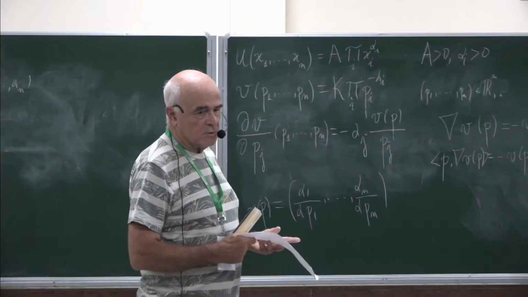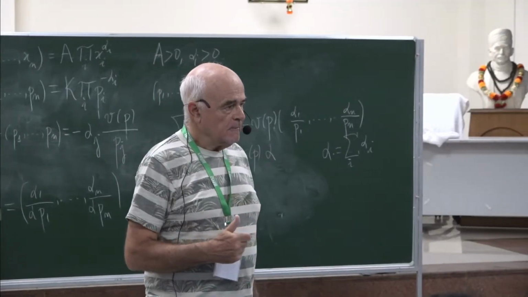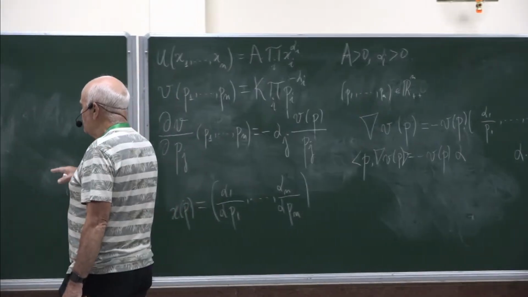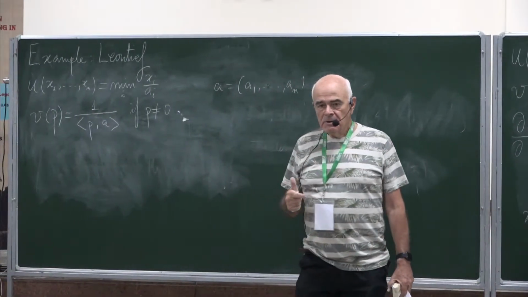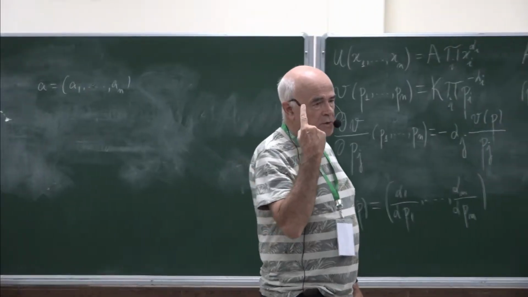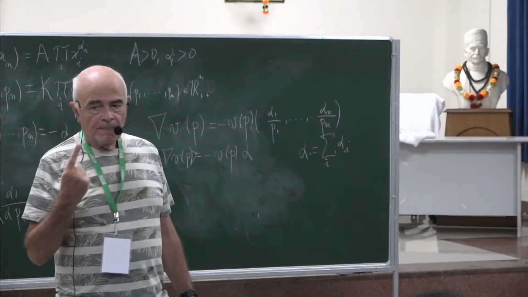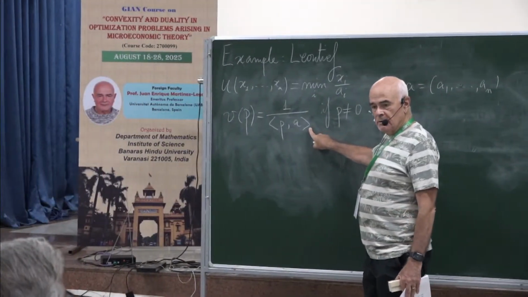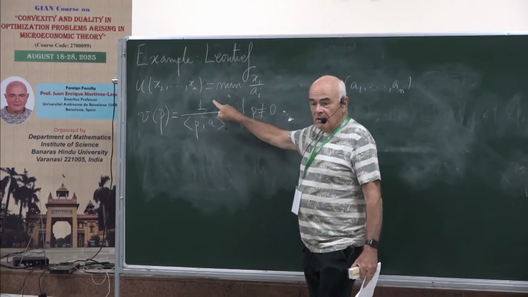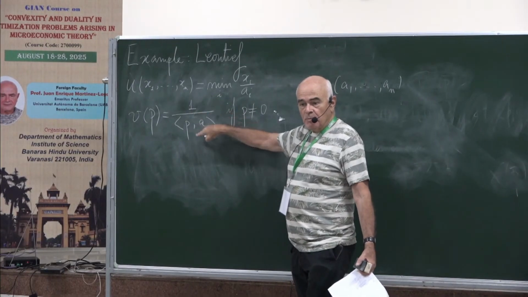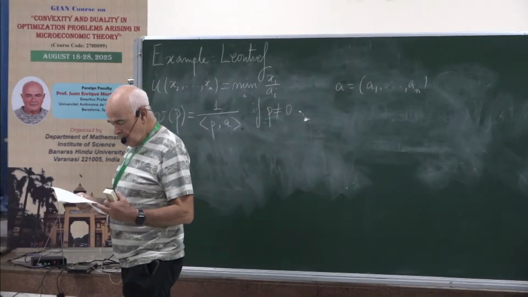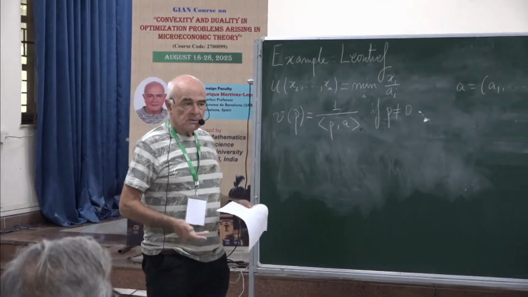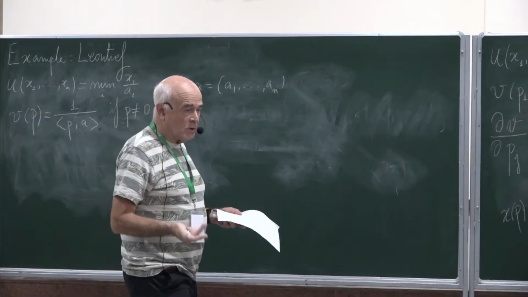This also has a very clear interpretation, no? Because the vector A gives you the quantities you need to produce 1 unit of your food. So PA is the cost of 1 unit. And you ask how many units can I obtain if I have 1 rupee? This is this number.